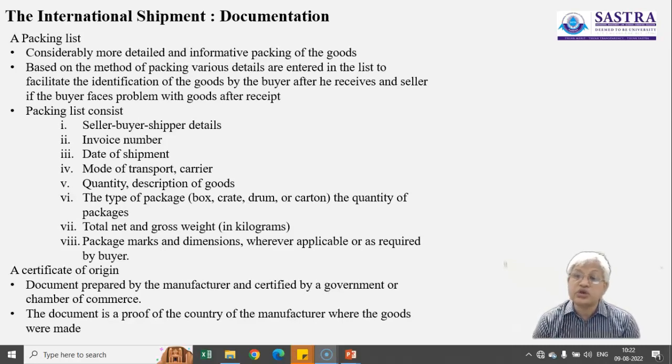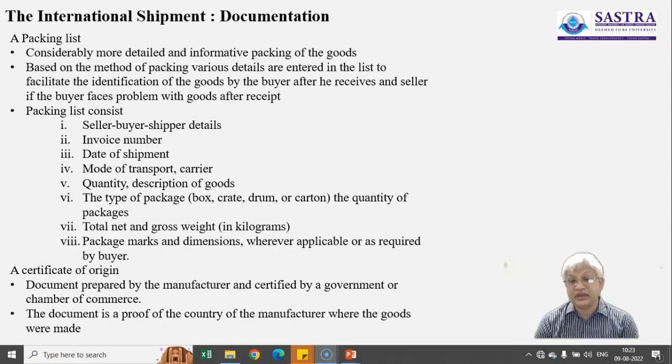So that comes to the gross weight of the product. Now, in the end, the shipping company which takes the goods and puts them in another packaging, what we call a container, that itself has a weight. And this is very essential because they calculate the total weight altogether. So a total net and gross weight is very essential.